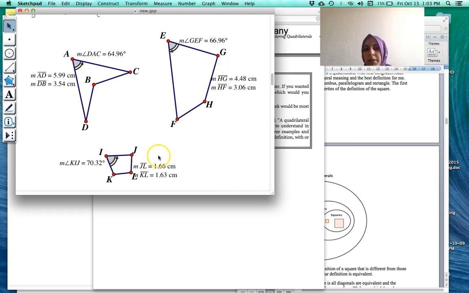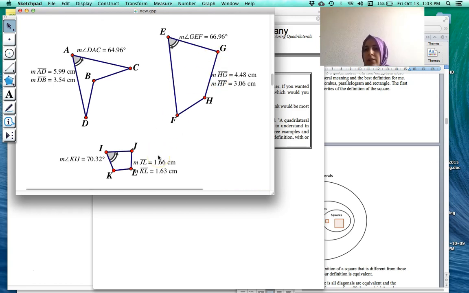The other one, as you see, polygon EGHF has four sides. On the other hand, side IK is not parallel to side IG. It's also not parallel to side KL. That's why it's not a square.